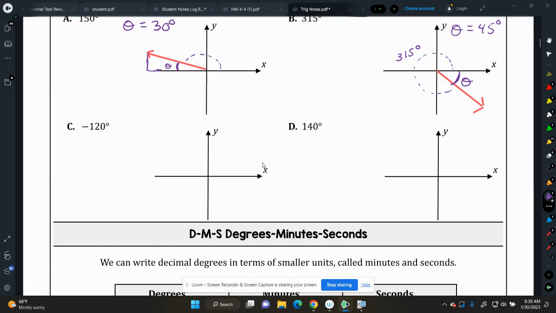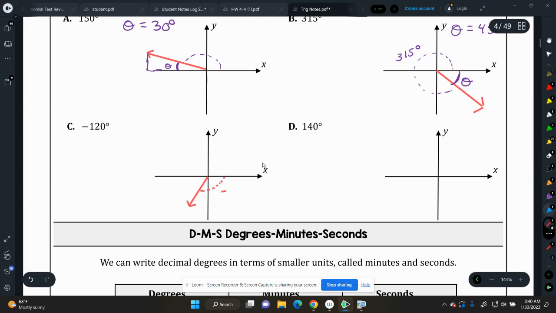Okay, negative 120. If I start here, negative, so I'm going down the other way. Here's negative 90, and we go another 30 degrees. There's my negative 120 degrees.